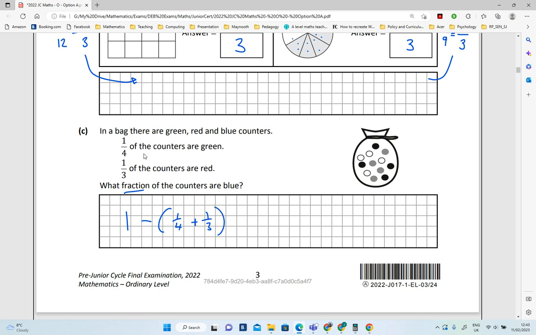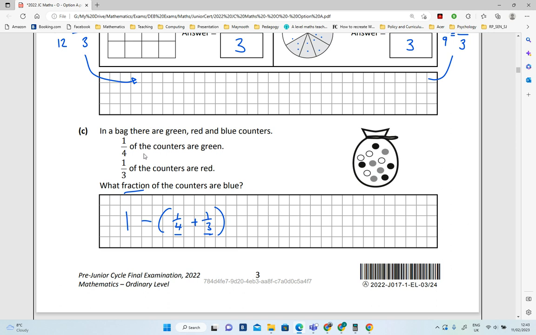So if I add those two together, well, how do I do that? I can do it in the calculator, but I'll do it here anyway. What I need to do is take those two numbers and work out the lowest number that they both divide into. So it isn't 8 because 3 won't go into 8, but it is 12. So 3 4s are 12 and 4 3s are 12.